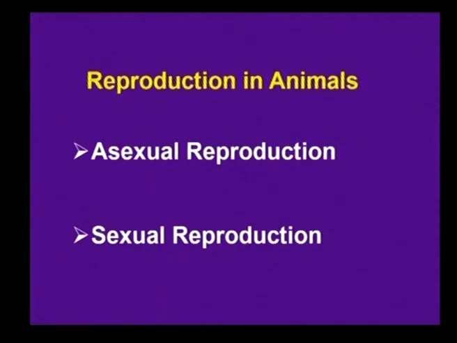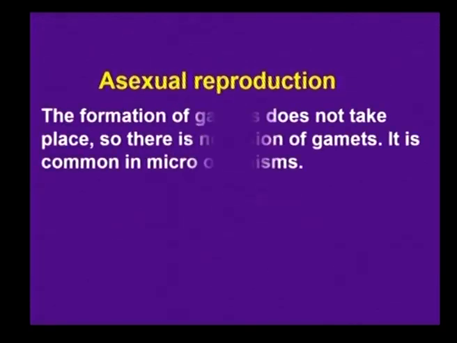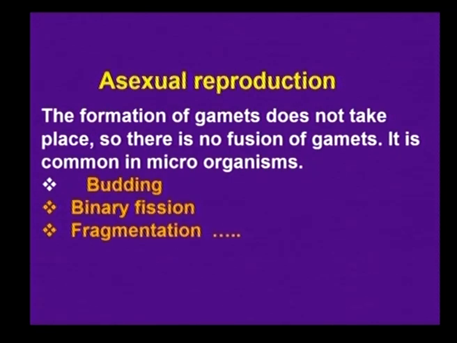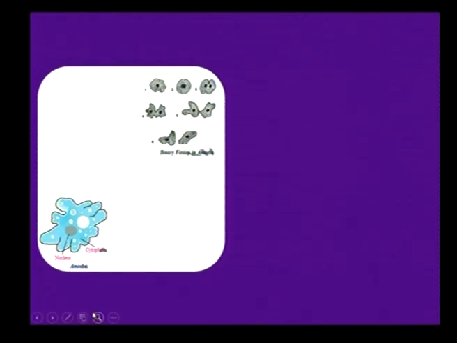Reproduction in animals is of two types, asexual reproduction and sexual reproduction. In asexual reproduction, the formation of gametes does not take place, so there is no fusion of gametes. It is common in microorganisms. There are different types of asexual reproduction, binary fission, fragmentation, etc. Amoeba gives rise to two daughter amoeba in the process called binary fission.